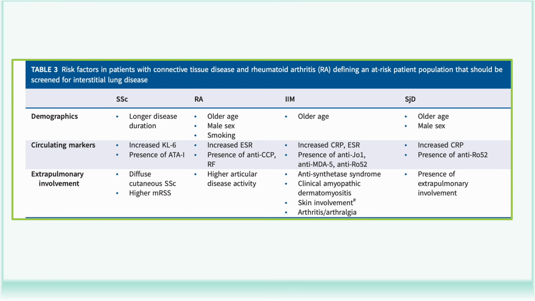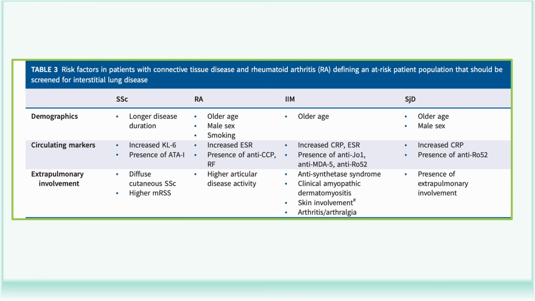Number two, when we're talking about rheumatoid arthritis, something a little different from what we perceive. We usually talk about females and rheumatoid arthritis and the risk, but when we are talking about screening a patient for RA-ILD, you must look at older individuals, male sex, and history of smoking. They are high risk factors. You must look at elevated biomarkers like ESR and the presence of anti-CCP and rheumatoid factor.